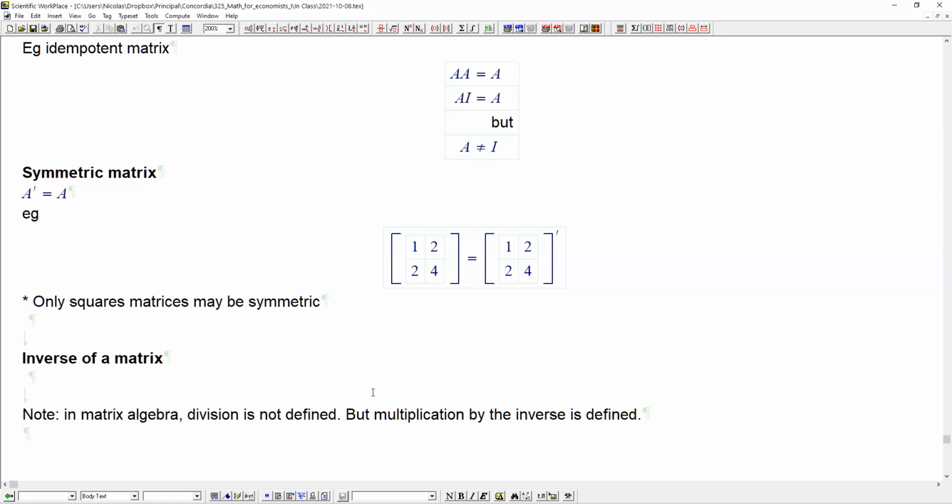So what is an inverse matrix? Given an n by n matrix A, it has to be square.